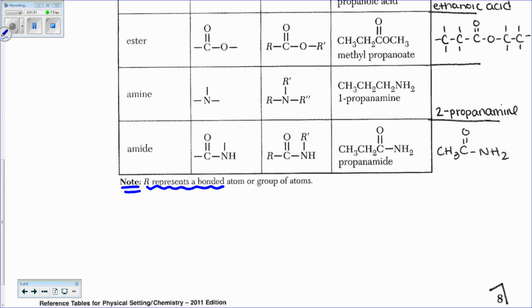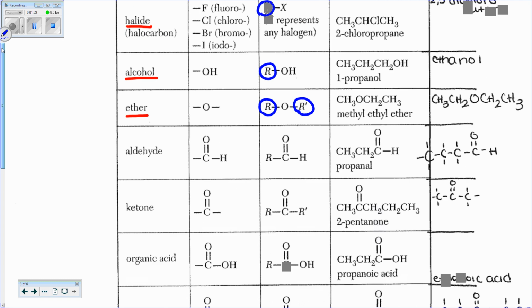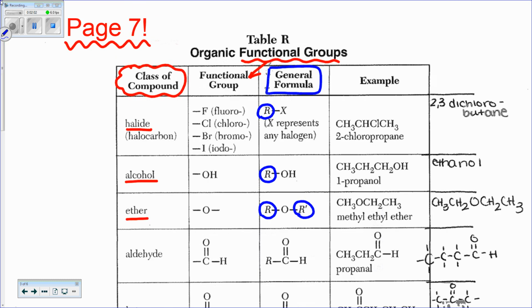R represents a bonded atom or group of atoms. I want you to think of your R's as being a bunch of C's and H's, basically. Okay? So your R equals C's and H's. So when they say R, they're just shortening it.